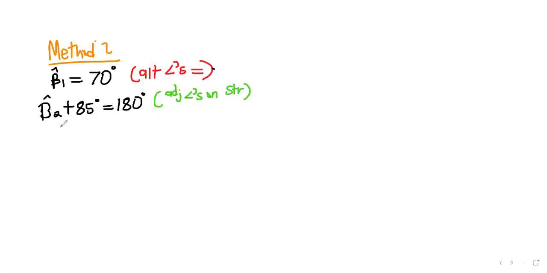Then after that, you can now solve the value of the unknown, which is angle B2. It's equal to 180 degrees minus 85 degrees. Therefore, the size of angle B2 is equal to 180 minus 85. That's 95 degrees.